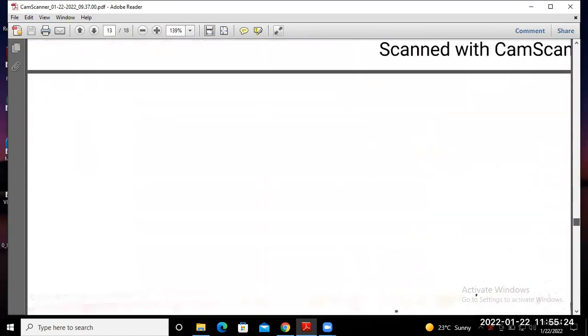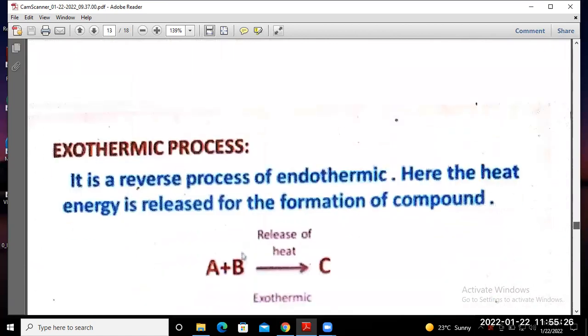And what is the next? Exothermic process. That means when heat is released, if two or more particles combine and energy is released for the formation of a compound, that is heat energy released, so this process is known as the exothermic process.